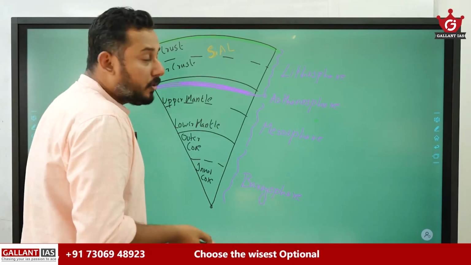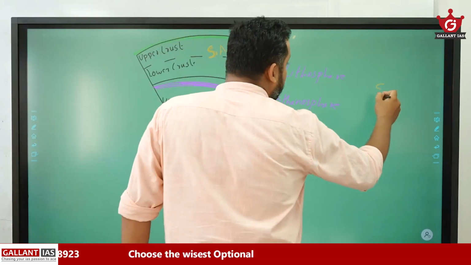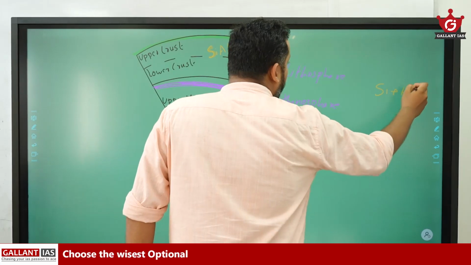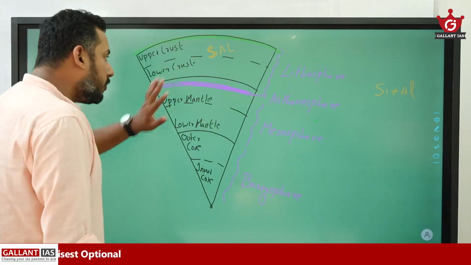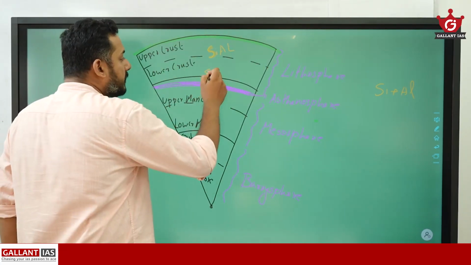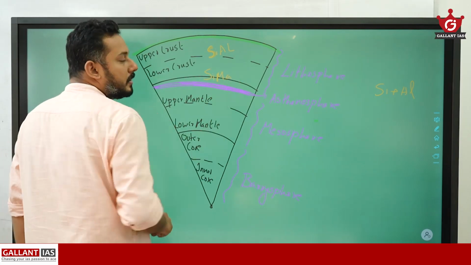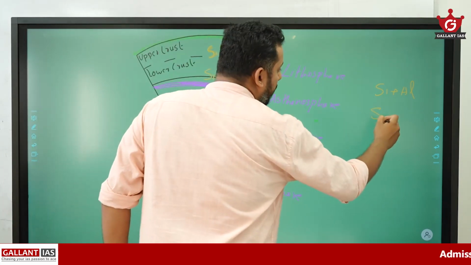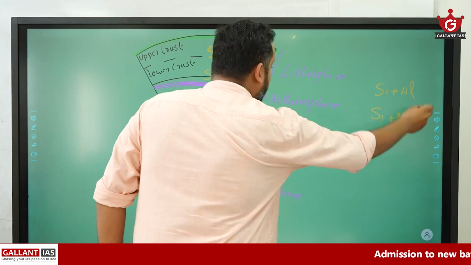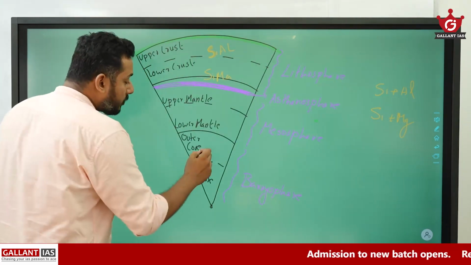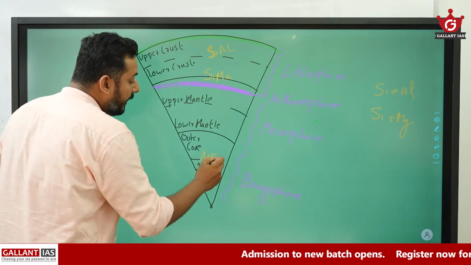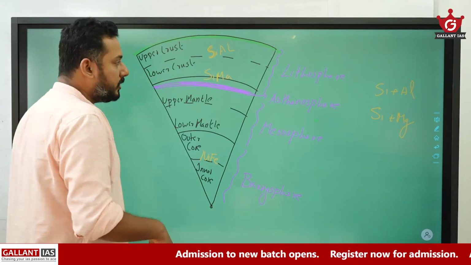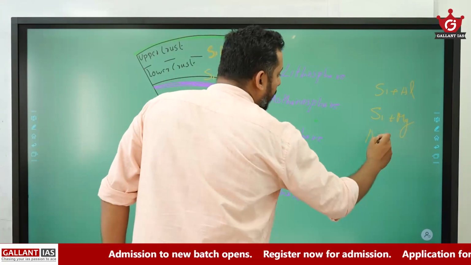It's known as sial because this region is majorly consisting of silica and alumina. The lower portion of the crust is called sima, because it's basically made up of silica and magnesia. And the core region is commonly called nife, N-I-F-E, because it's majorly made up of nickel and iron.